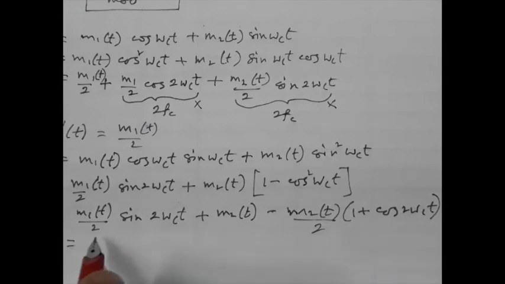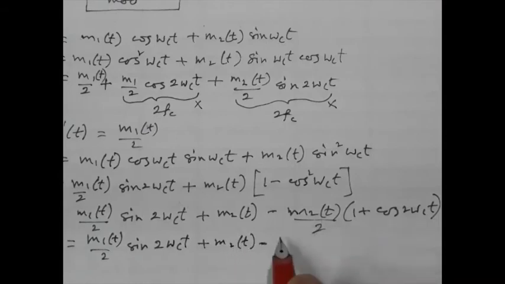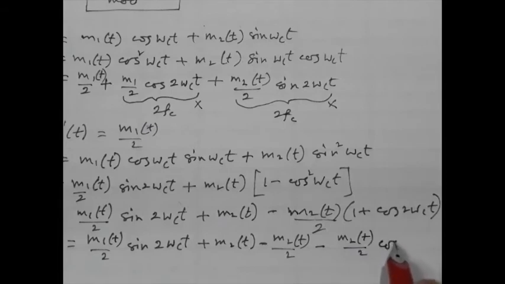So that is equal to m1(t) by 2 sine of twice omega ct plus m2(t) minus m2(t) by 2 minus m2(t) by 2 cos twice omega ct.